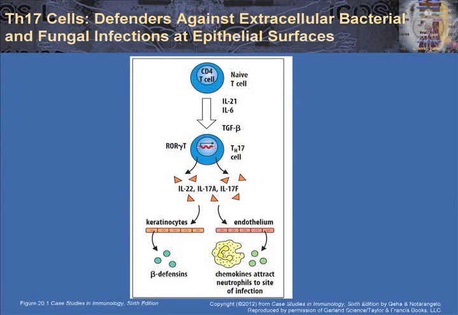What is their function in human disease and in health? So once again, to review what we talked about, if we have a naive T cell that receives signal 1 and signal 2, then signal 3, if it's comprised of TGF-beta and IL-6, as well as cytokines like IL-21 and IL-1 beta, will result in STAT3 phosphorylation, nuclear translocation, the expression of the signature transcription factor ROR-gamma-T, which then results in the expression and the production of the signature Th17 cytokines.